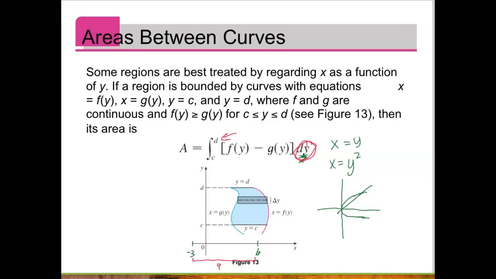So if we're integrating with respect to y, our limits of integration should be y values. And you're just going to integrate from the lower y value to the upper y value. Does that make sense? Same idea, we're just adjusting our head, like turning our head 90 degrees.